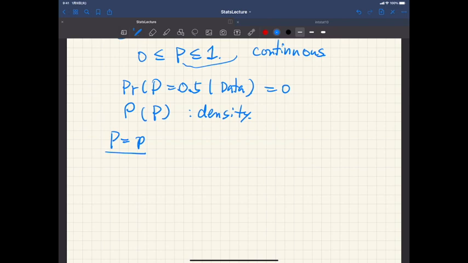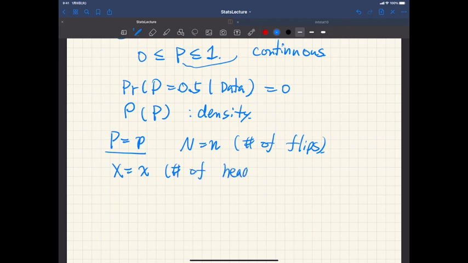And let's flip the coin n times, the number of flips. Then what is the probability of obtaining x heads, the number of heads out of n?